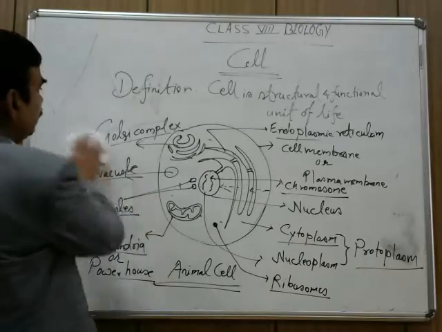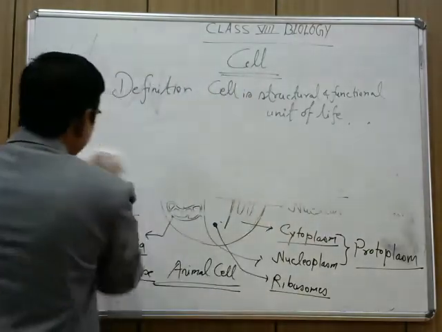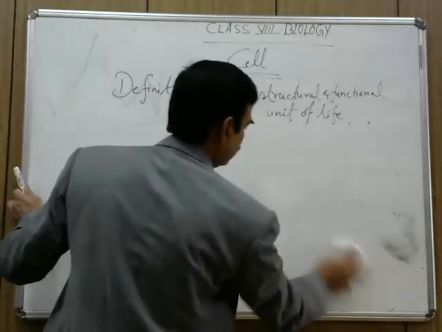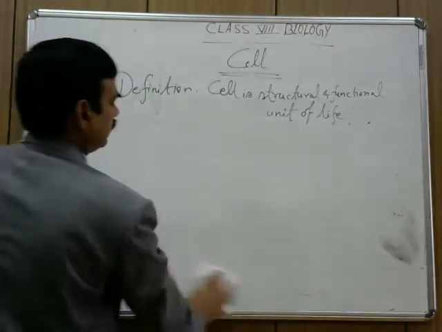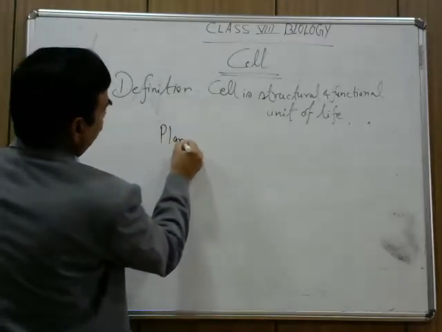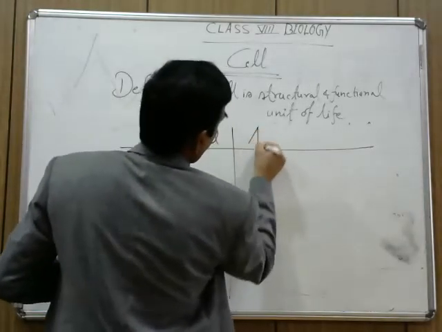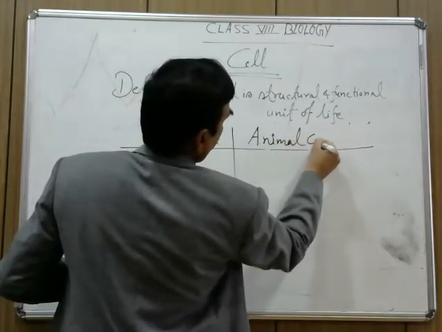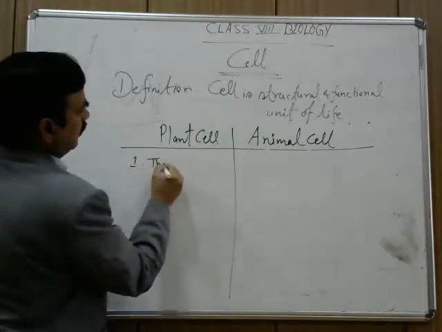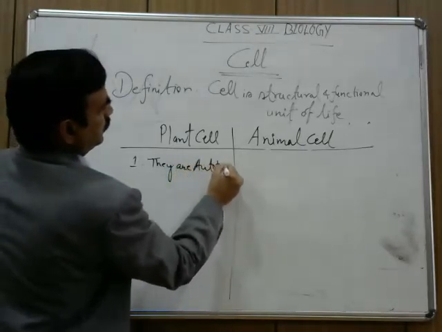We'll draw this structure. The differences between plants and animals, any five differences. Plants are autotrophs.